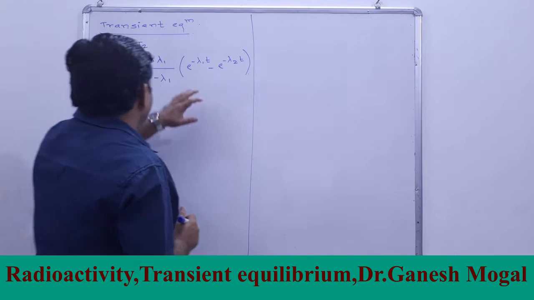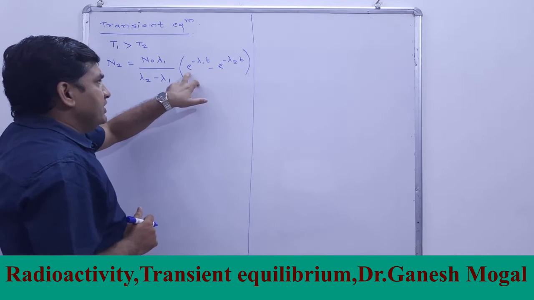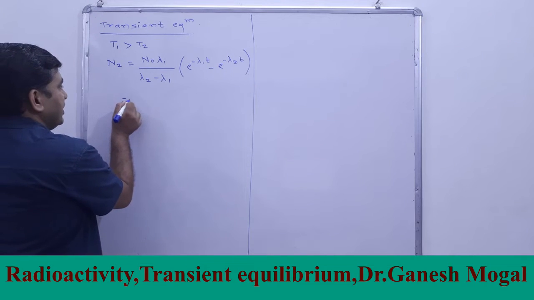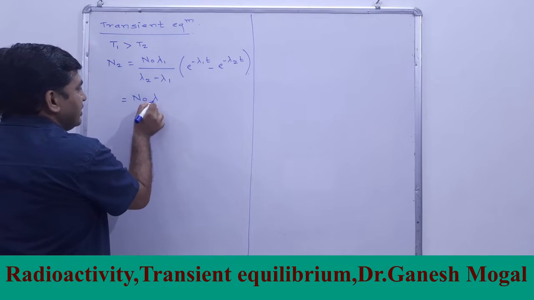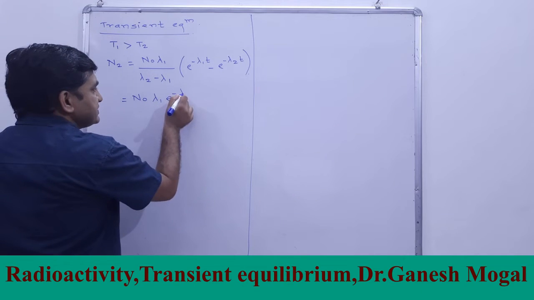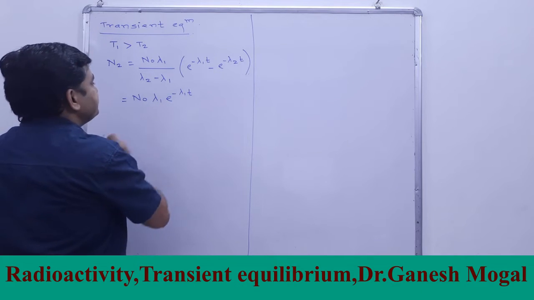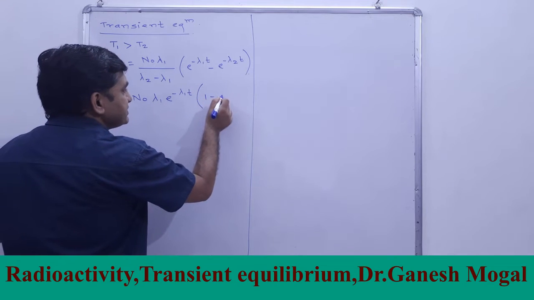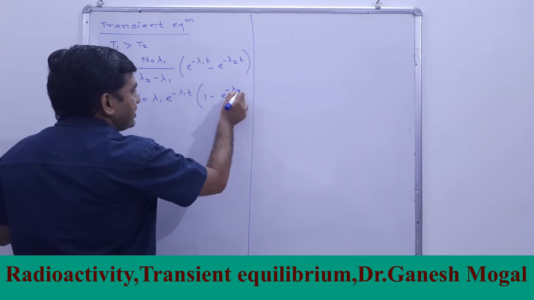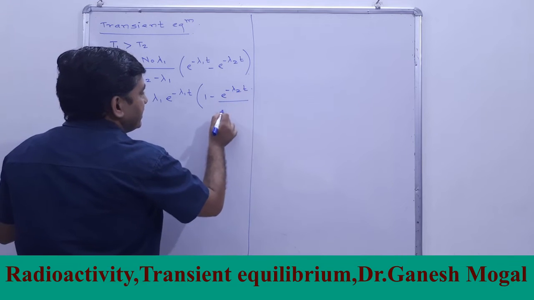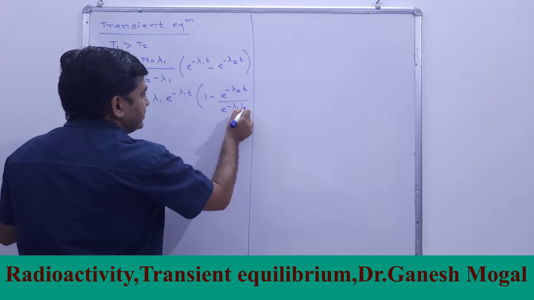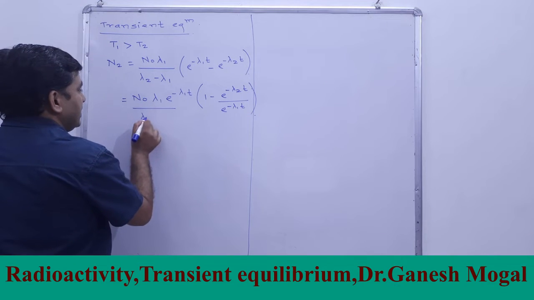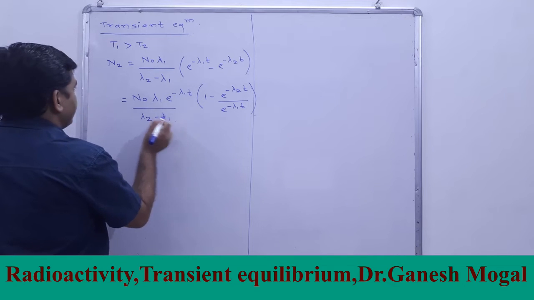Now, when we take a common e raised to minus lambda 1 into t from this term, we get N0 into lambda 1 e raised to minus lambda 1 into t, in bracket 1 minus e raised to minus lambda 2 into t divided by e raised to minus lambda 1 into t, divided by lambda 2 minus lambda 1.